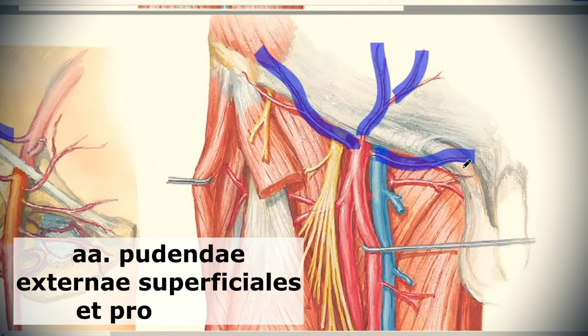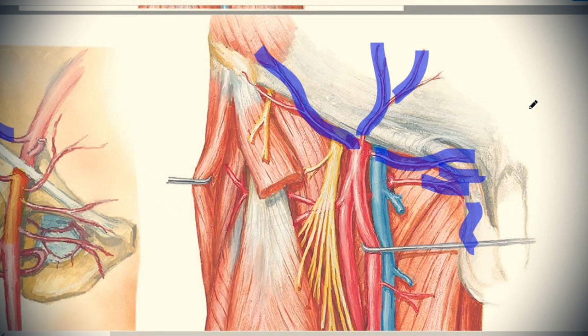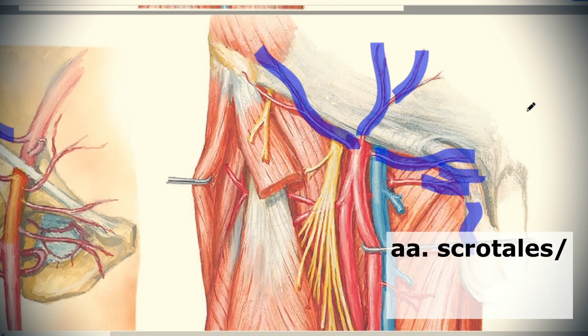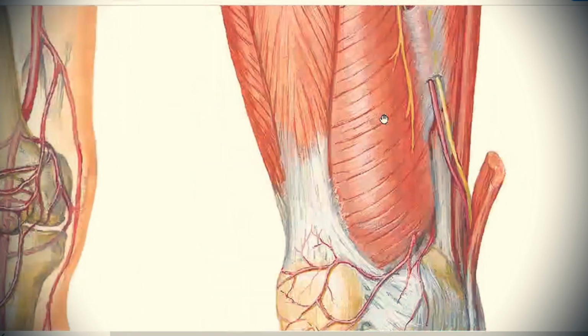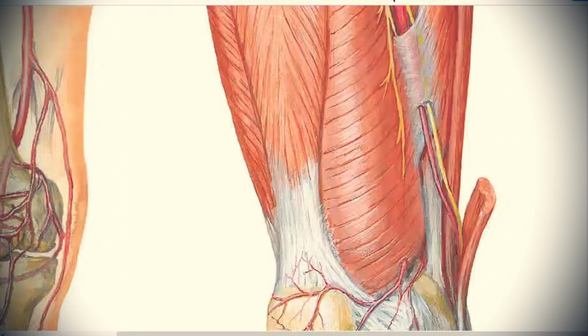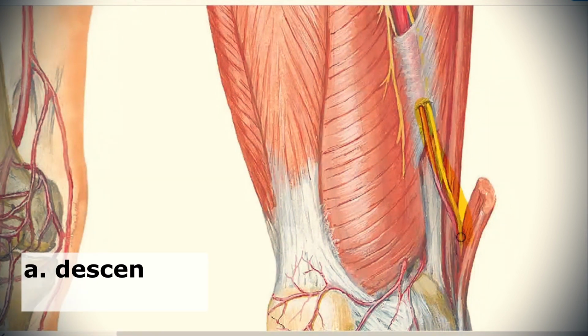We have superficial and deep ones. Superficial comes to funiculus spermaticus and supplies it. Deep, pudenda externa profunda, enters the scrotum and will give rami scrotales posteriores if it's male. In female, rami labiales supply external genital organs. This last small branch is arteria descendens genus.